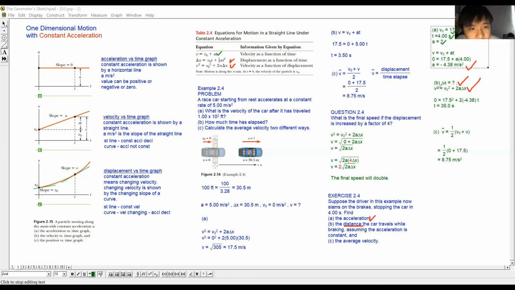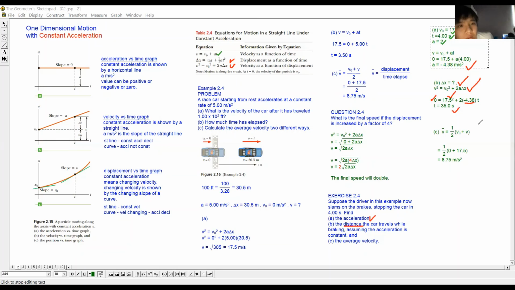When you slam the brake, finally it comes to rest, so the final velocity is 0. Initial velocity is 17.5, and the negative acceleration we have found. You put everything into this equation and solve. The answer is 35.